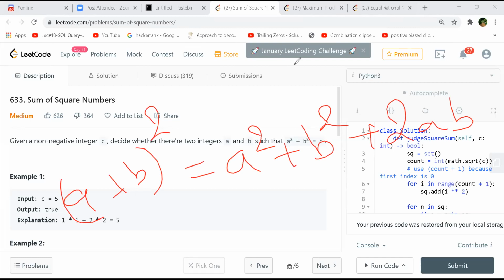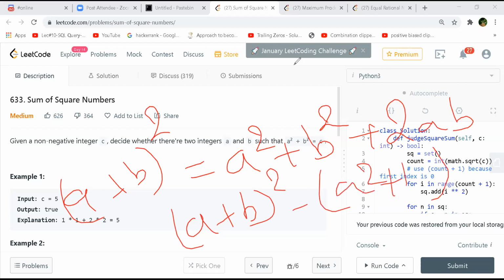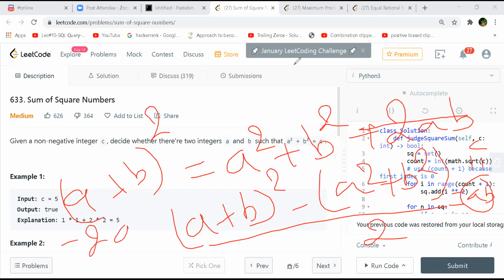So you bring these minus terms to this side: 2ab, a square plus b square, and you divide by 2, and your ab is equal to C. Something like that. Or we add minus 2ab on both sides, so this will be terminated, and this will be minus 2.